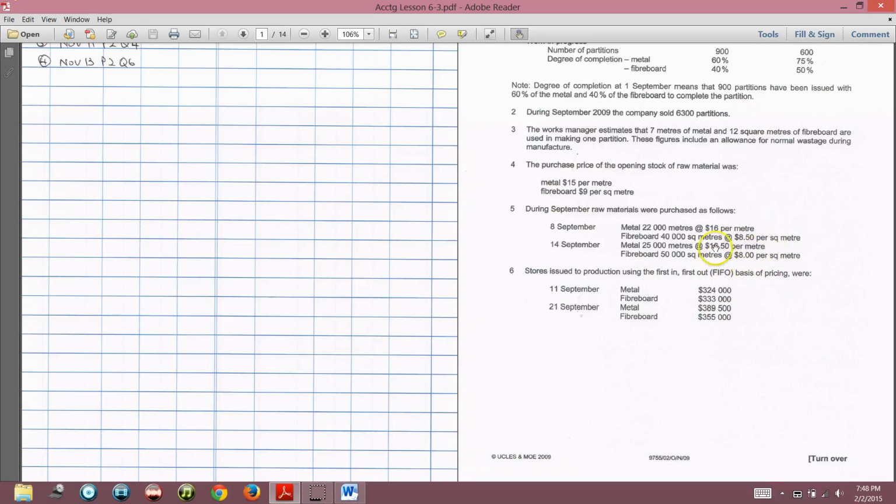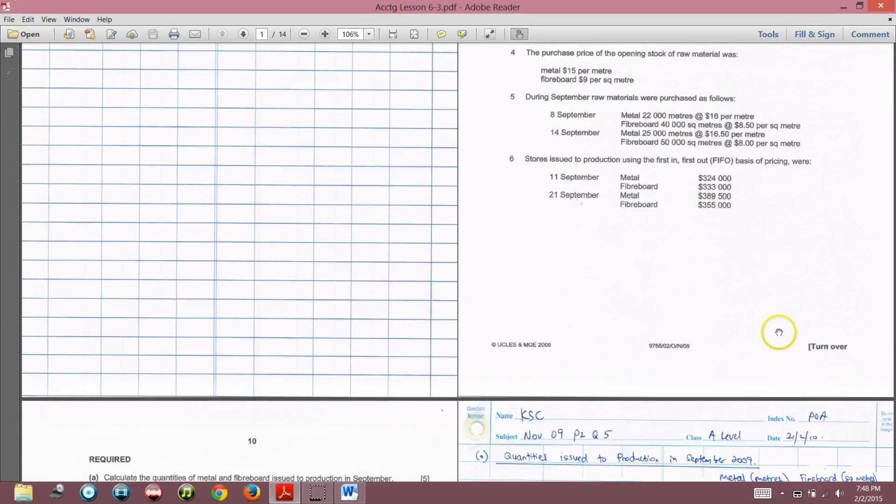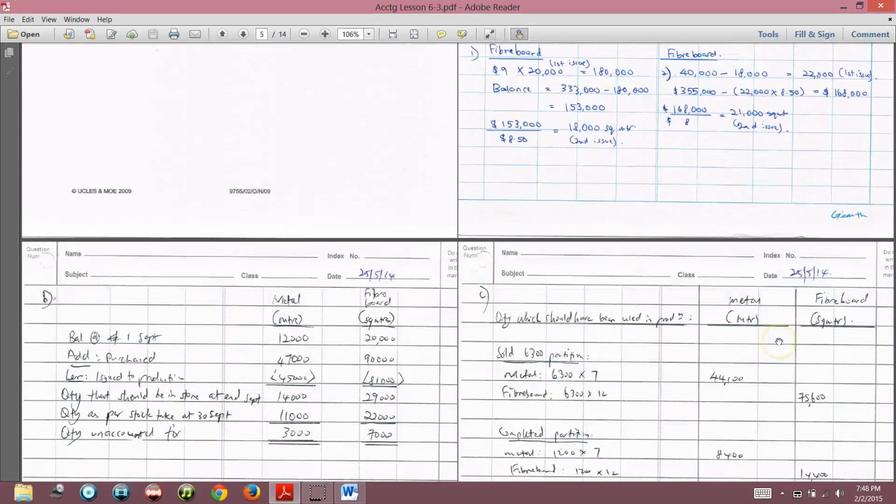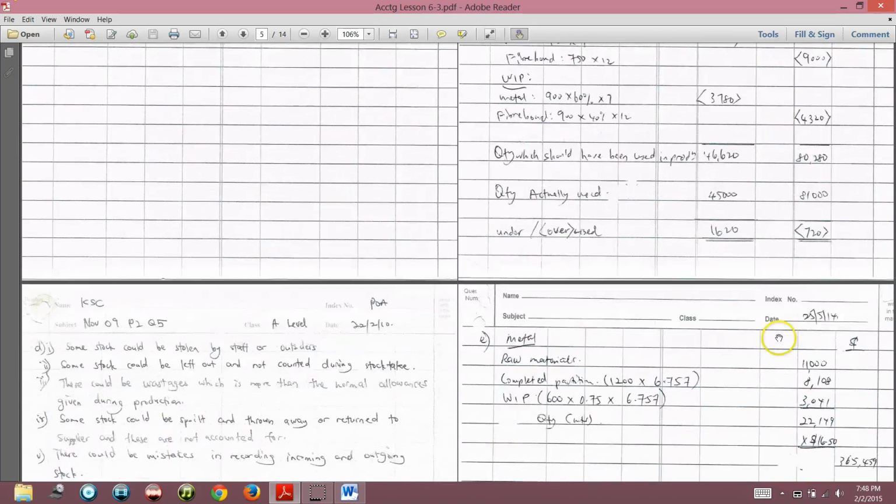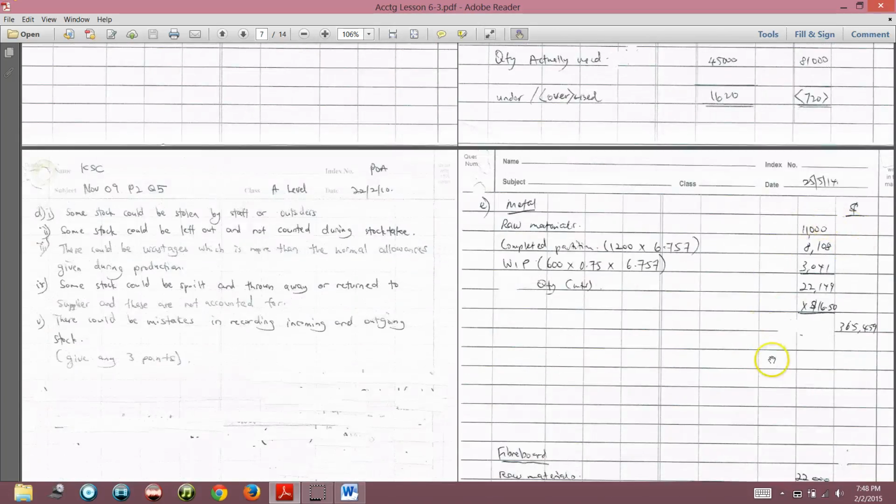That means the last purchase would be left in the stock. The last purchase was 25,000 meters of metal, but the metal in all the stock, including the raw material, is 22,149. So this must be priced at the last incoming purchase price, which is $16.50.